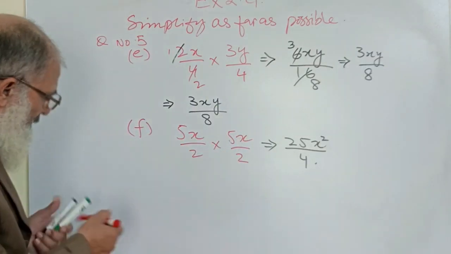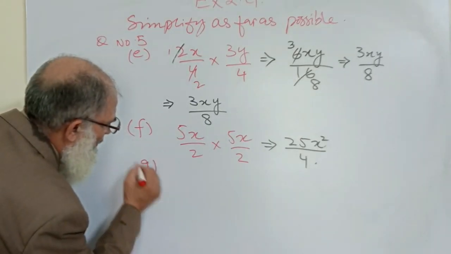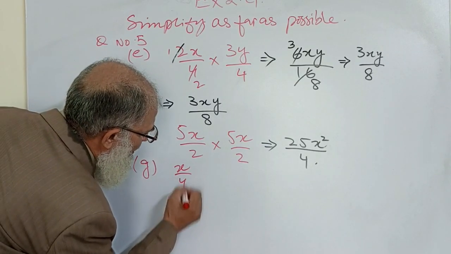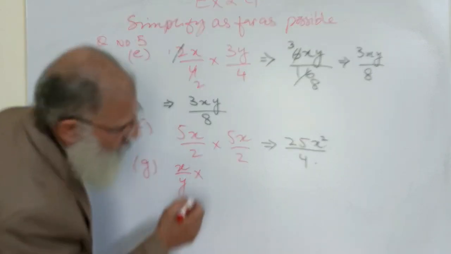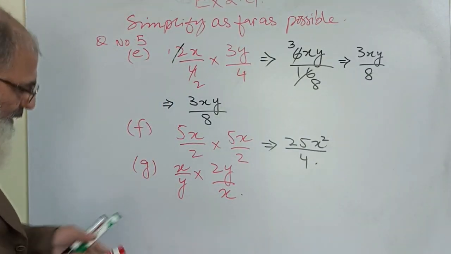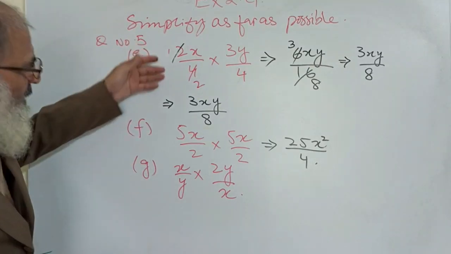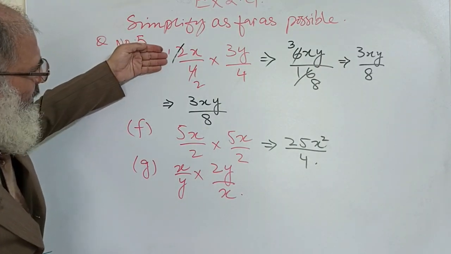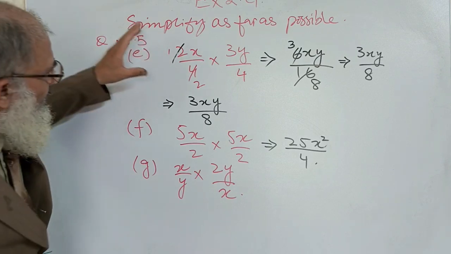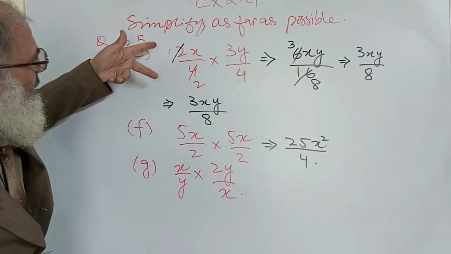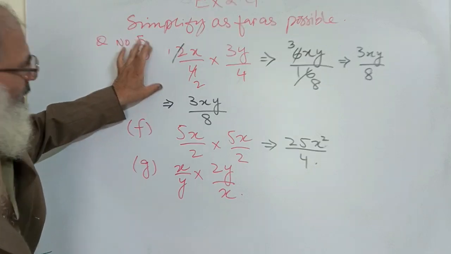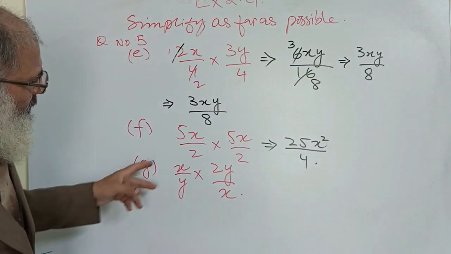G. G says x divided by y multiplied by 2y divided by x. Now, my dear students, what I told you was to go for the division first. It will simplify your later process very easily.